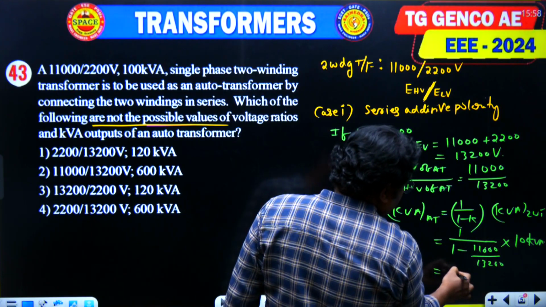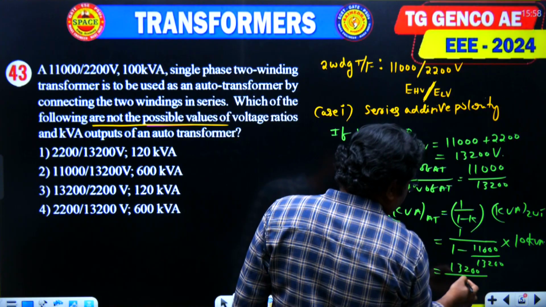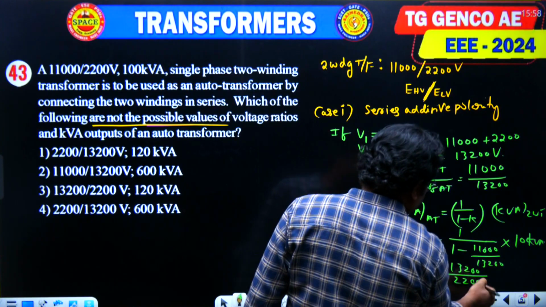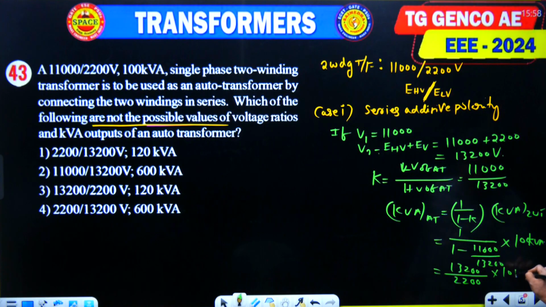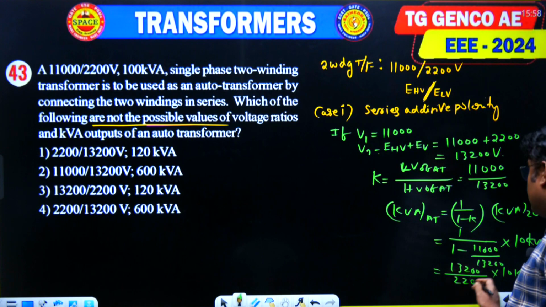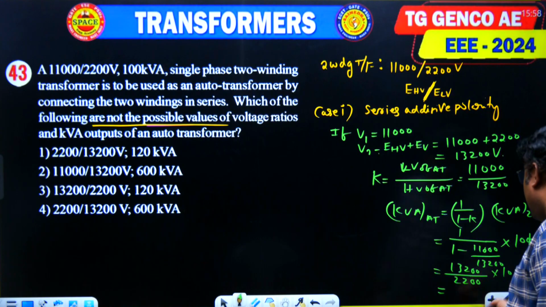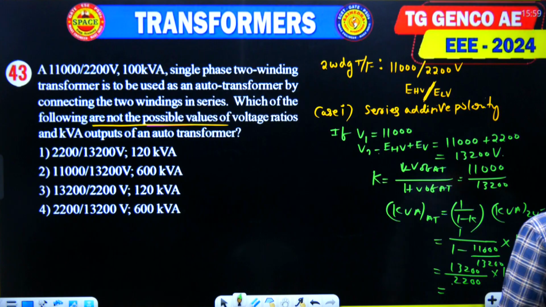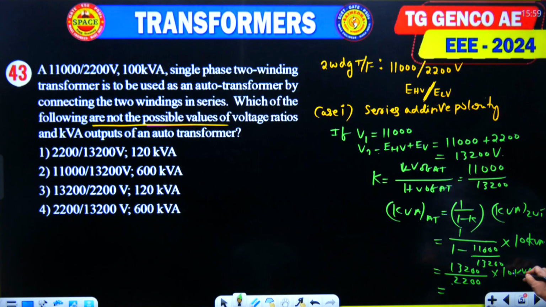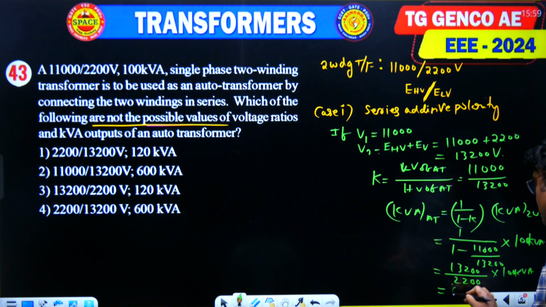So this is equal to 13,200 divided by 2,200, multiplied by 100 kVA. The zeros cancel out, so by solving this we will get 600 kVA.